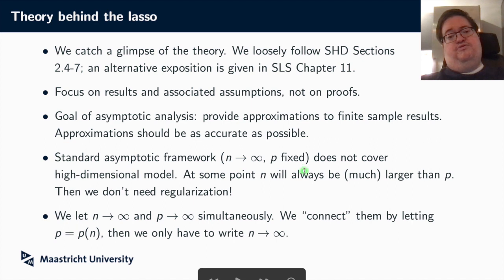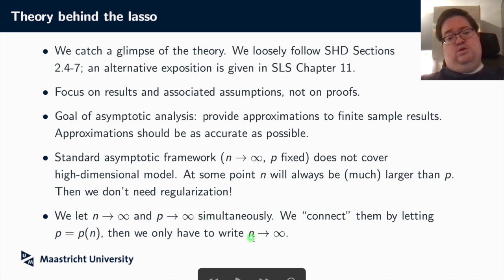So what we will do instead is let n go to infinity, but also p go to infinity. That means if you have more observations, you also have more variables, and this counterbalances the growth of n. Because we don't want the number of observations to dominate, we want to make life hard for our method. So if n grows, p must grow too.